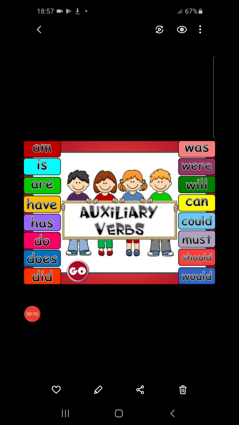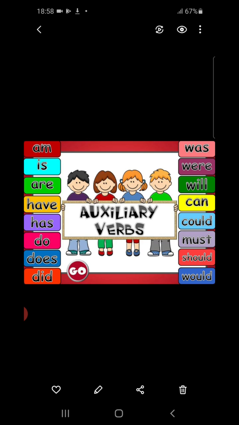Let us look at the examples of auxiliary verbs. Number 1, am. Number 2, is. Number 3, are. Number 4, have. Number 5, has. Number 6, do.